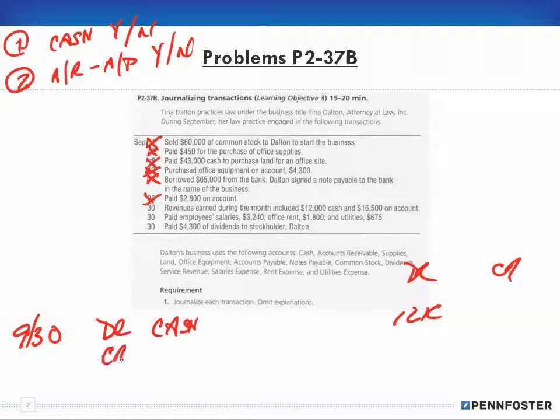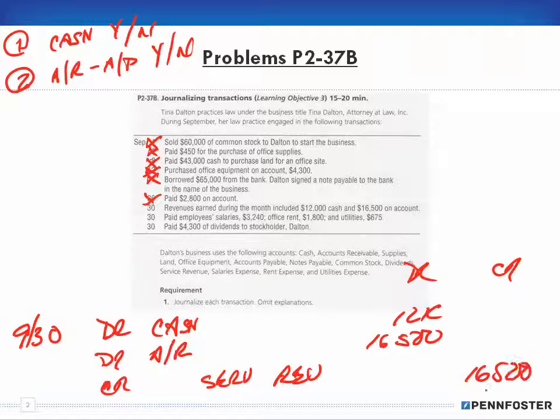I would have a debit to receivable for 16,500. And I would have a credit to service revenue for, not 16,500, 28,500.